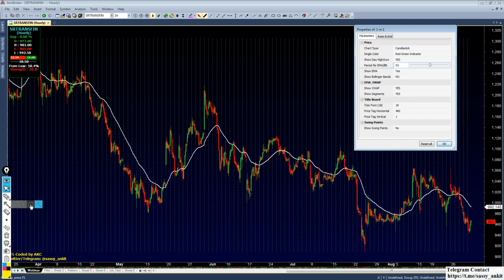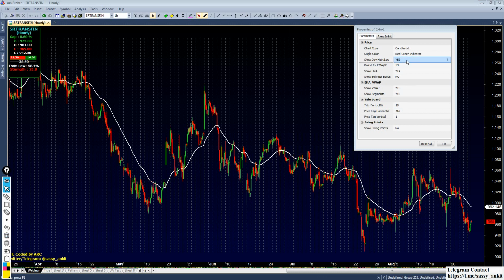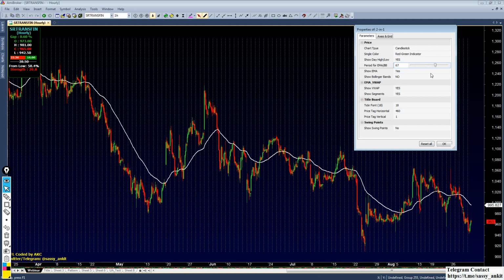I am currently observing these points, these points, these points, and somewhere here. So from historical to the present price action I am looking, and I am looking for the maximum number of touches.